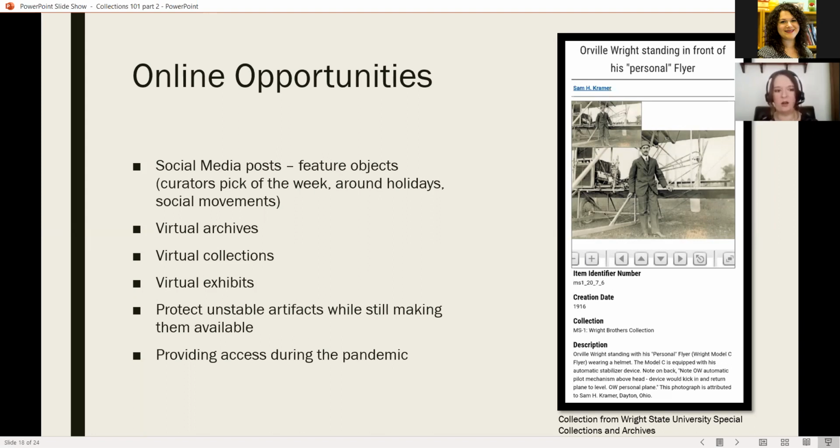I see a lot of virtual archives. This collection that I'm showing right here is from the Wright Brothers collection at Wright State University, Special Collections and Archives. They have a very robust online archival collection. So you can do research right from the comfort of your own home, with a variety of collections that they have at their disposal.